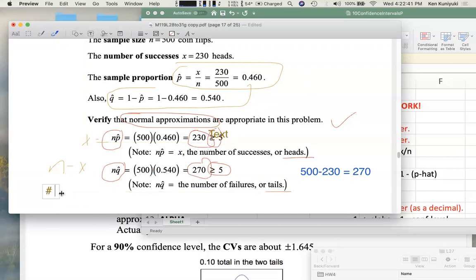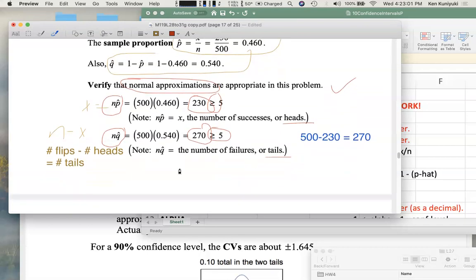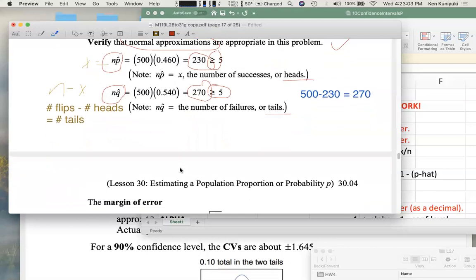Right? It's the number of trials or flips minus the number of successes or heads. That's how you get the number of tails or failures. Okay. So if you understand the number of successes and the number of failures, you didn't even need these actual formulas, but you could use these. Okay, so our process is legitimate.